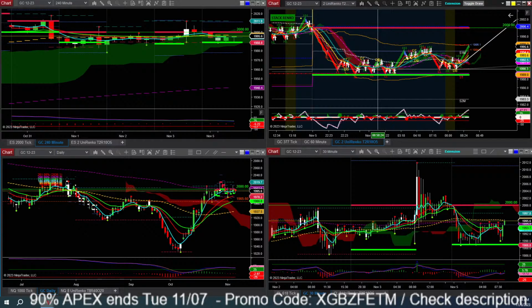I would say there's a big number up here and down here, and our resistance level is up there. So as long as we are in this area here, we are consolidating.